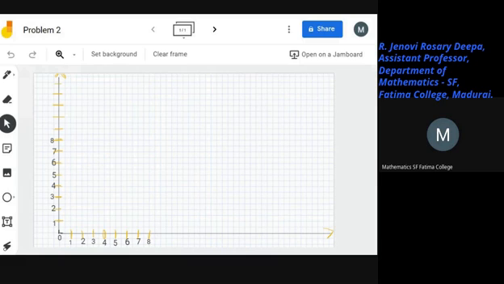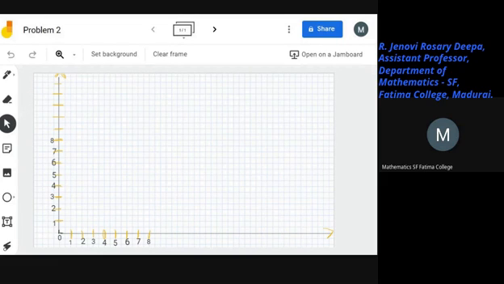Mark those values as numbers on the axis x1, x2: 0, 1, 2, 3, 4, 5, 6, 7, 8. And also in the vertical axis you can mark 0, 1, 2, 3, 4, 5, 6, 7, 8 and so on. Now the first point you have to mark is 0, comma 10 by 3.